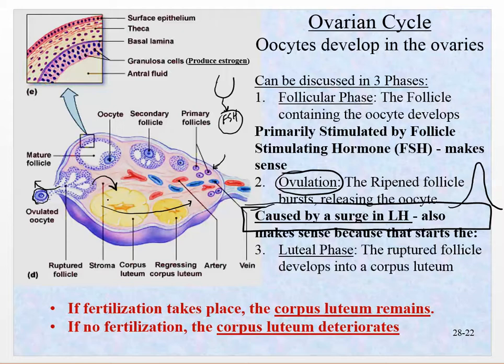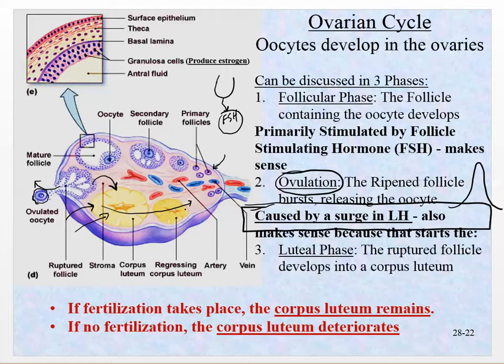So that's why it's called the luteinizing hormone, because when it surges, the next thing that you see is the corpus luteum.